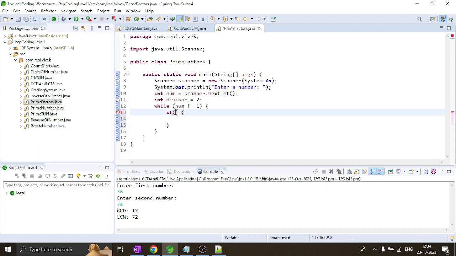If num mod divisor is not equal to 0, then we increase the divisor.